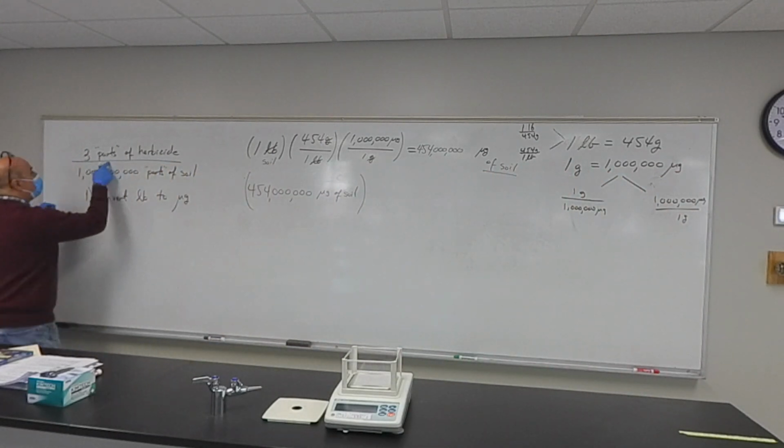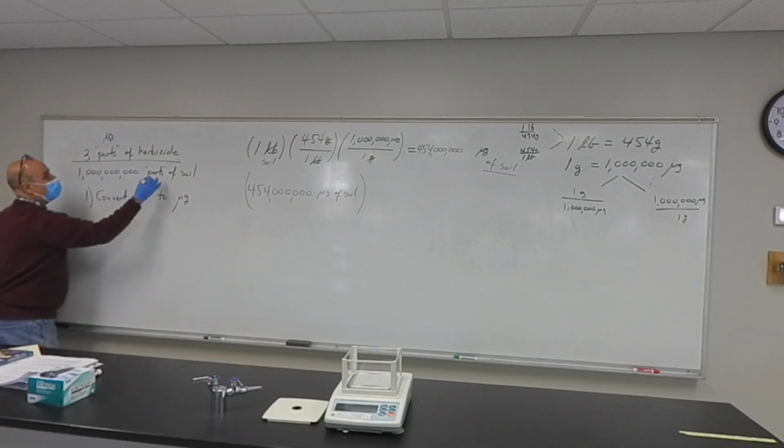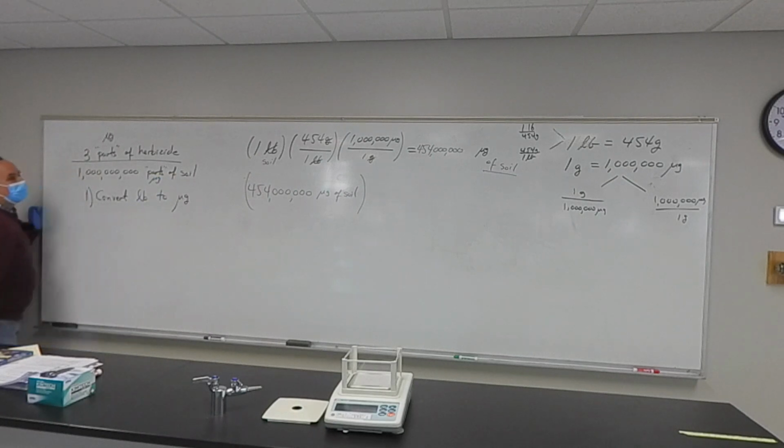So I can rewrite this. Instead of using parts, I can say micrograms and micrograms, as long as I keep the same units for parts. It's like percentage. Percentage can have any units that you want.